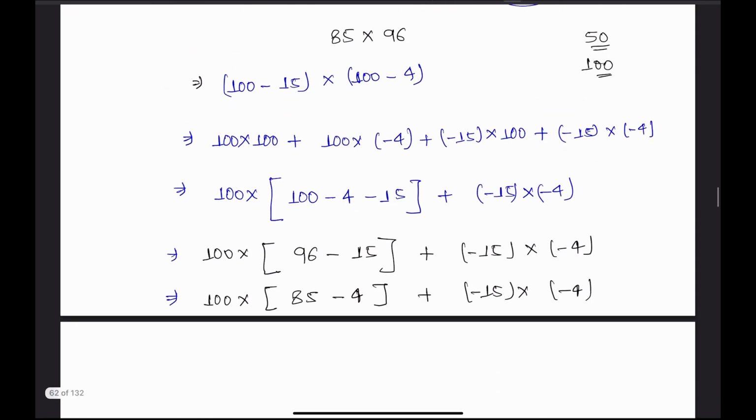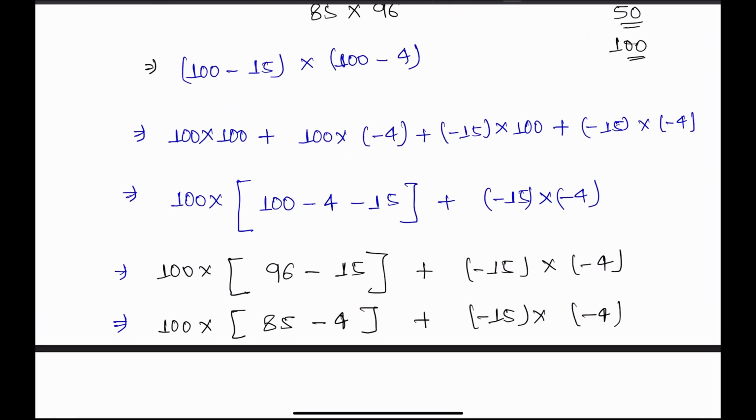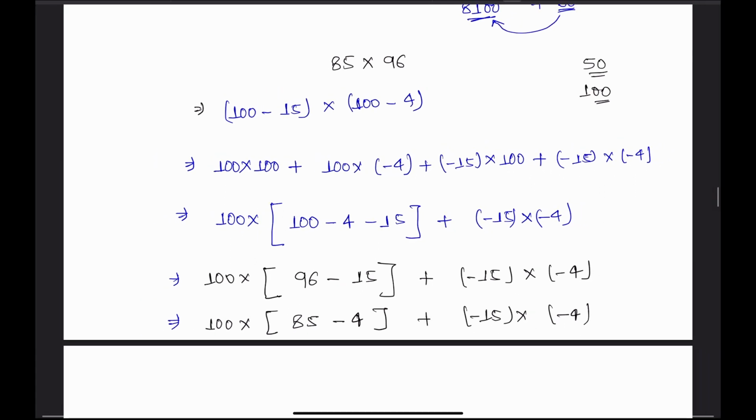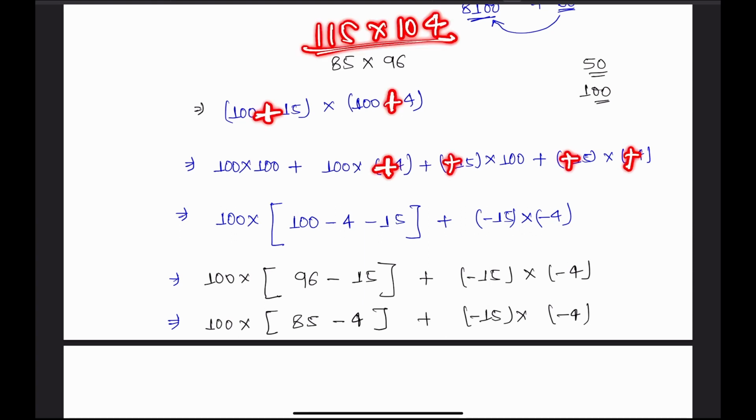And the same applies for, suppose that instead of 85, if there was an equation that 115 into 90 or 115 into 104, what is going to change over here? This will become plus, this will become plus, every place plus. Here still it is 60.